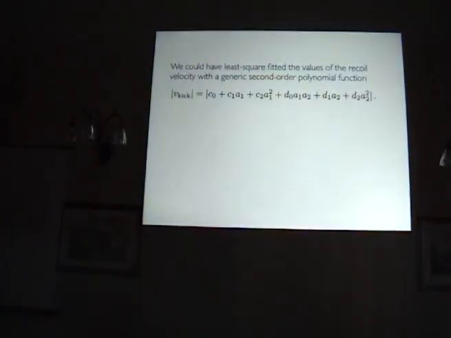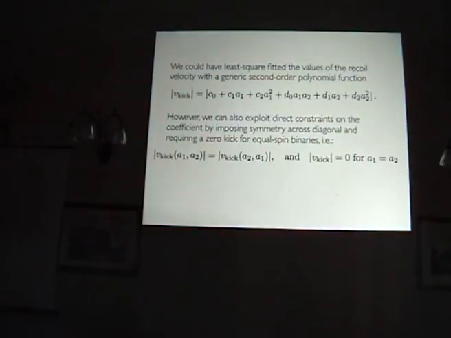So you have to start somewhere, and you just say, well, my kick velocity is just a second-order polynomial function in the 2 parameters, A1 and A2, and I have this set of coefficients. Okay, this is certainly allowed, but then you're not really using all your knowledge. There is some knowledge that we have, for instance, that, as I said, you can swap the 2 black holes and get the same answer. So this condition is an equation that you can impose. But you also know that if they are the same, they don't give you any recoil velocity.